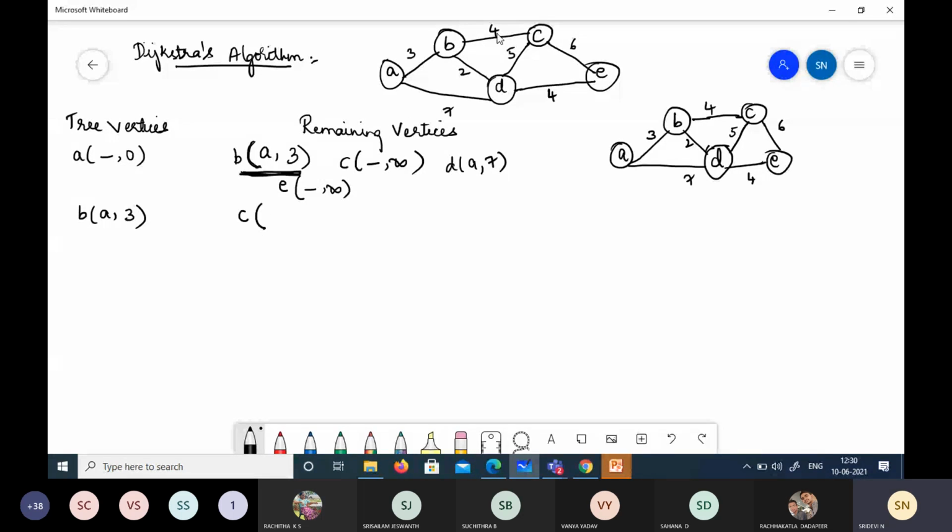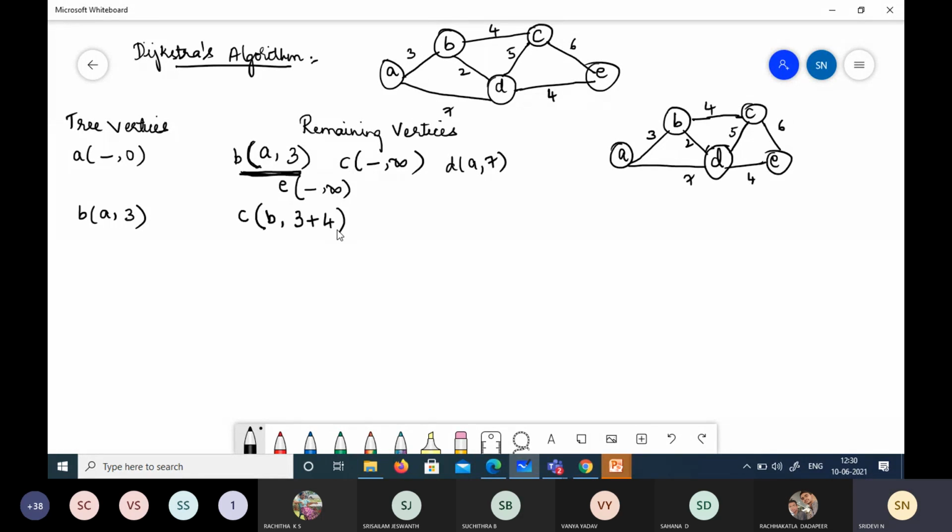Together with this length, we should also consider the already selected shortest path A to B. So to reach B we have already selected path 3. This value we'll add to the distance from B to C, which is 4.